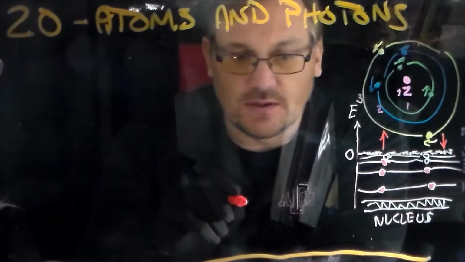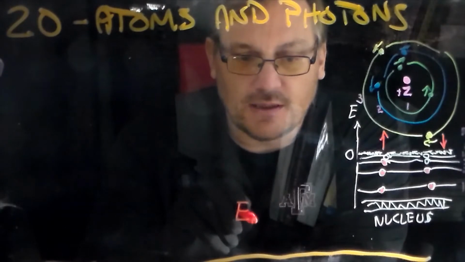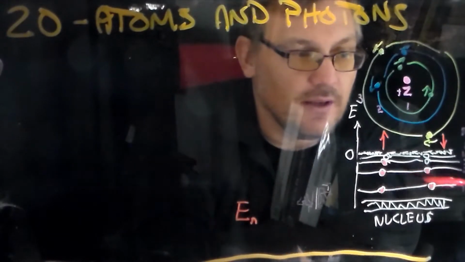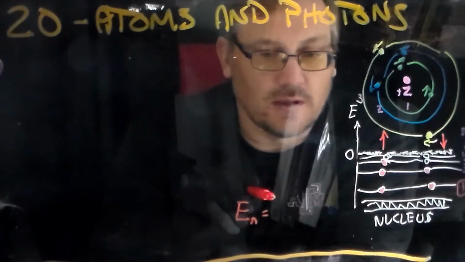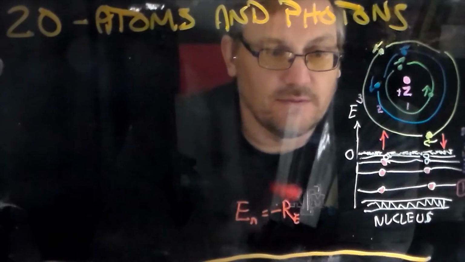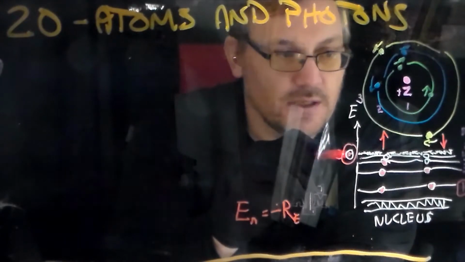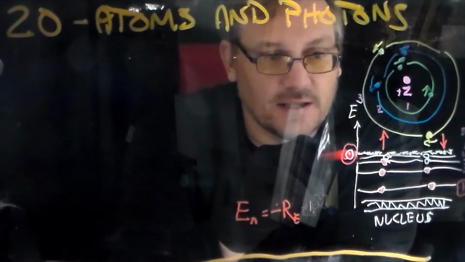So these energy levels here are given by E sub n. If n equals 1, that is the energy. Now these are all negative because we're calling this the zero of energy. This is the infinite excited state.